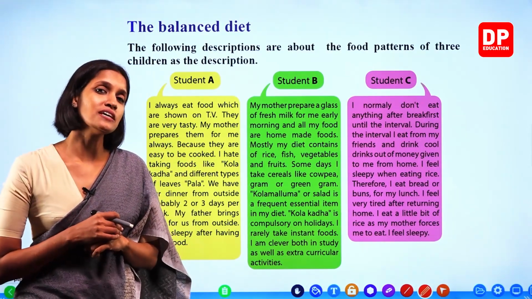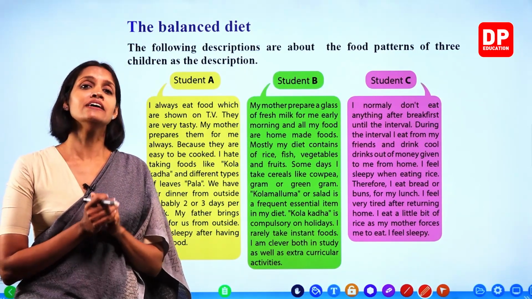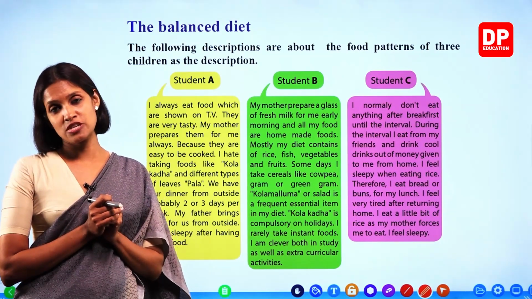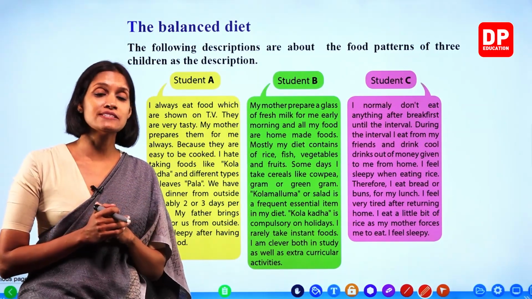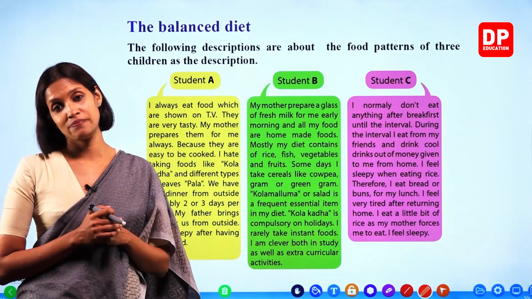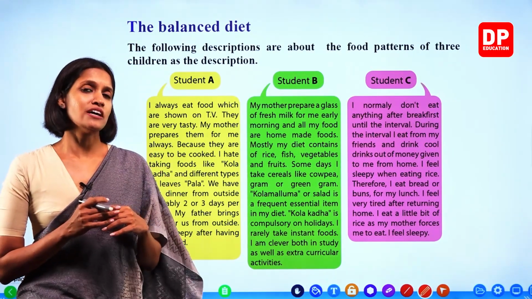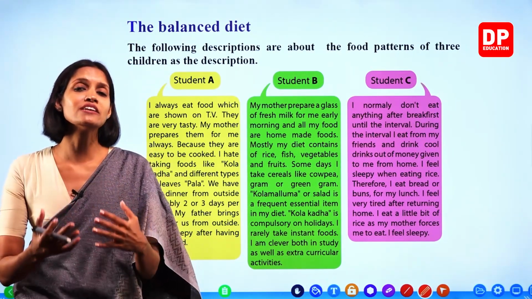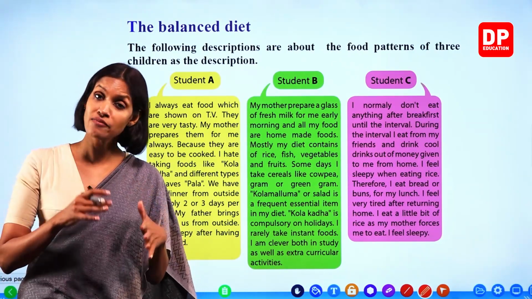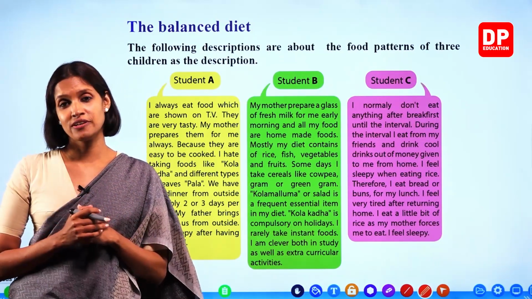So when we consider instant food, even though they can be prepared very easily, most of the time they contain a lot of artificial substances too, like instant noodles, right? They contain a lot of artificial flavors as well. Right, children? So at the same time, you cannot obtain the correct amounts of nutrients from these types of food items. They have a certain amount of nutrients, but that is not enough, right?